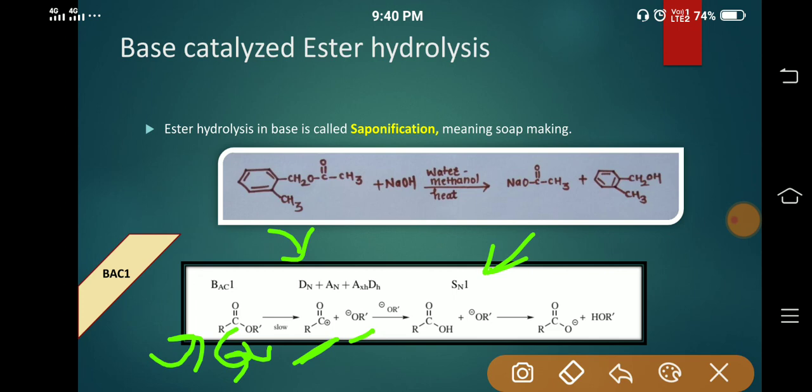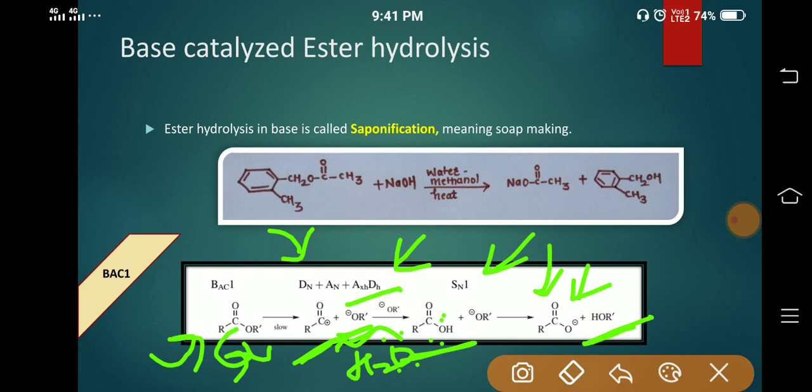Now, the association of nucleophile, that is the addition of a water molecule, leads to the generation of an acid molecule as the first product, and the alkoxide ion generated here can undergo this AXH-DH type of mechanism, that is, the proton of the acid can be abstracted by or exchanged with this alkoxide ion to generate alcohol, and this carboxylate ion can be stabilized either by the resonating structure by sharing its negative charge over this neutral oxygen atom or by forming a salt molecule.